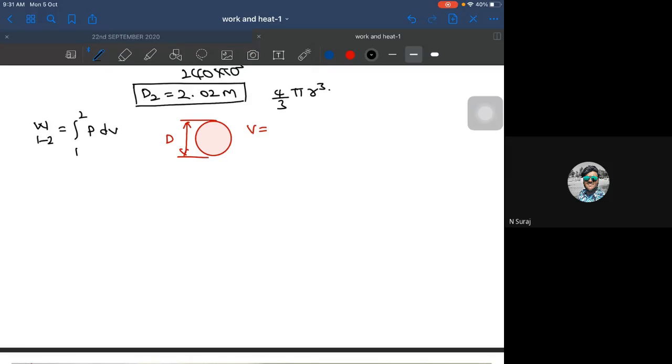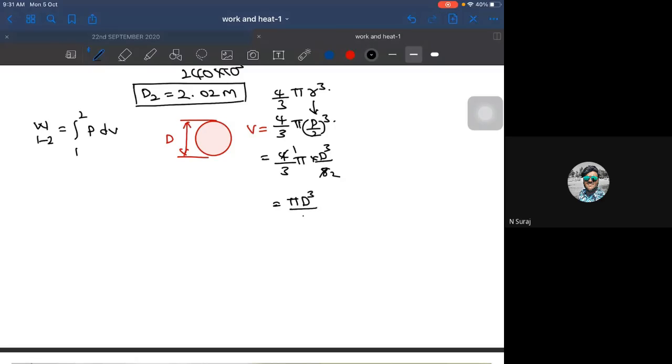Okay. So from this, 4 by 3 pi r, where r is nothing but d by 2, whole cube. It is 4 by 3 pi into d cube divided by 2 cube, which is 8. So it is 1 times here, 2 times here. So it is pi d cube by 3 into 2, which is 6.